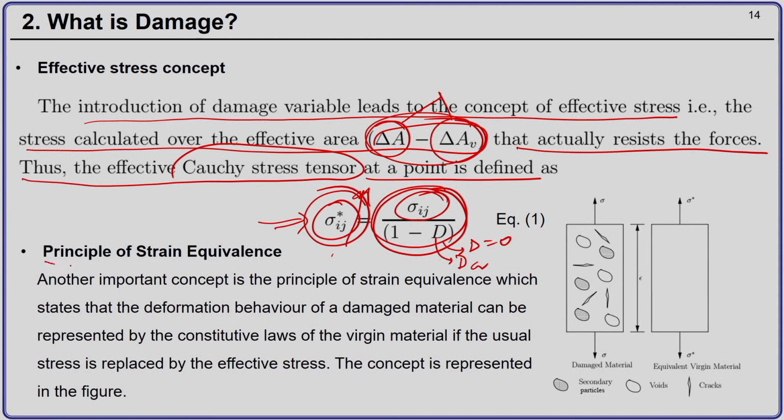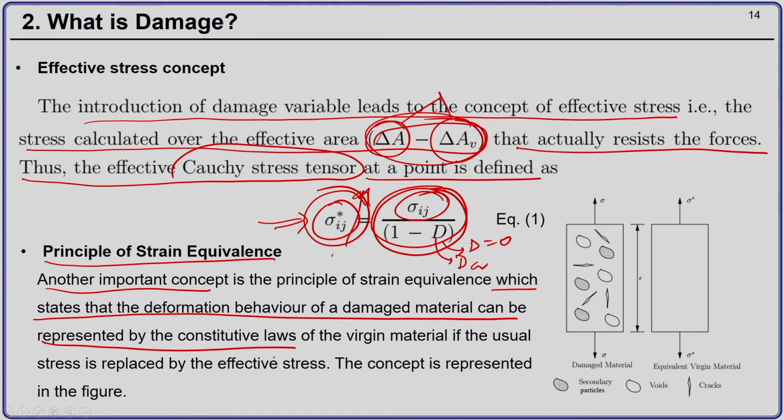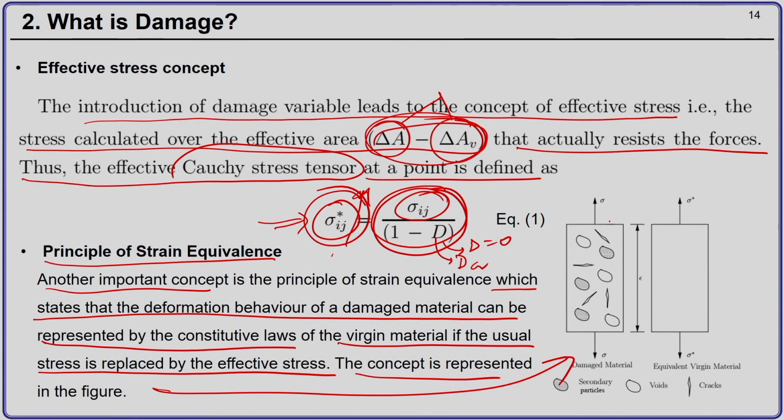Now, the principle of strain equivalence is another important concept, and this states that the deformation behavior of a damaged material can be represented by the constitutive laws of the virgin material if the usual stress is replaced by the effective stress, and this concept is represented in this figure over here. If you have a real material which is damaged and this is the actual stress sigma, then the deformation behavior of this damaged material can be represented by the constitutive laws of a virgin material.